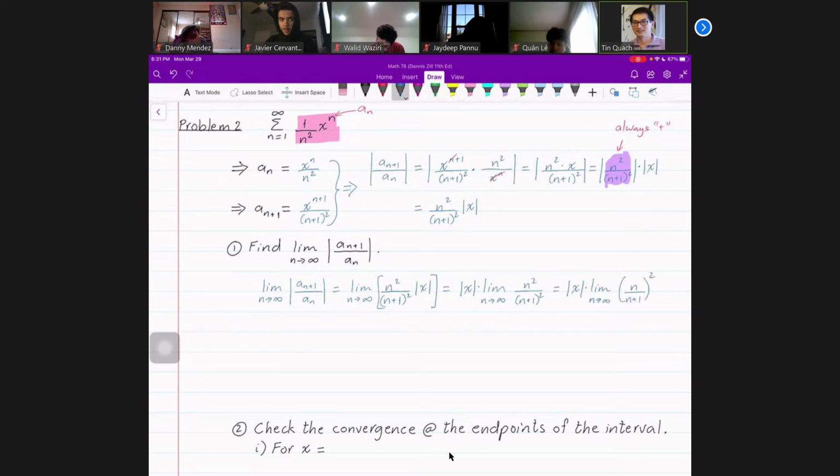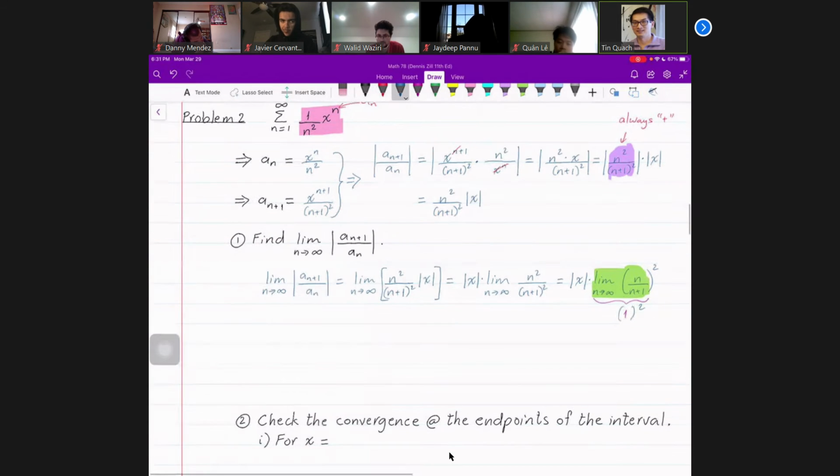Now the limit as n approaches infinity, n over n plus 1 approaches 1, because that is a rational function and they have the same degree, right? So you just divide by the leading coefficients. 1 divided by 1 is 1. So the limit of that is 1, and then 1 raised to the second power, which is 1.